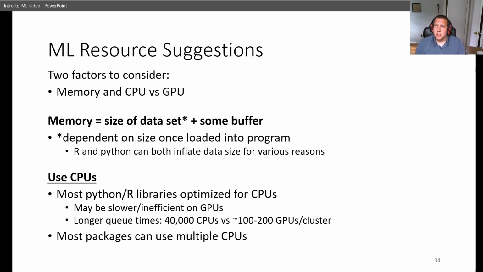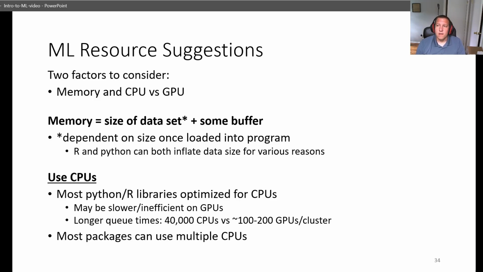Now, when it comes to CPUs or GPUs, you want to use CPUs. Machine learning has been around for a number of decades now, and most packages that have been developed for machine learning are optimized for CPUs. They may be slower or inefficient on GPUs, except in extreme cases. And additionally, as a user, our clusters between the three of them have over 40,000 CPUs, but only a couple hundred GPUs.